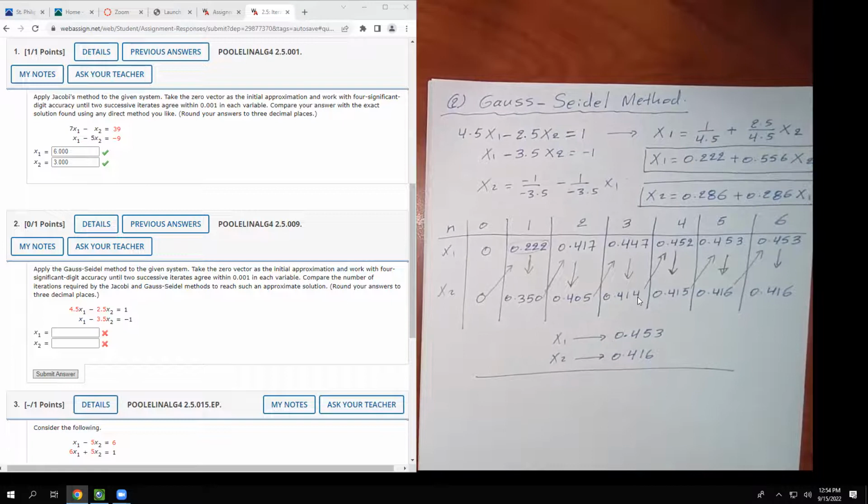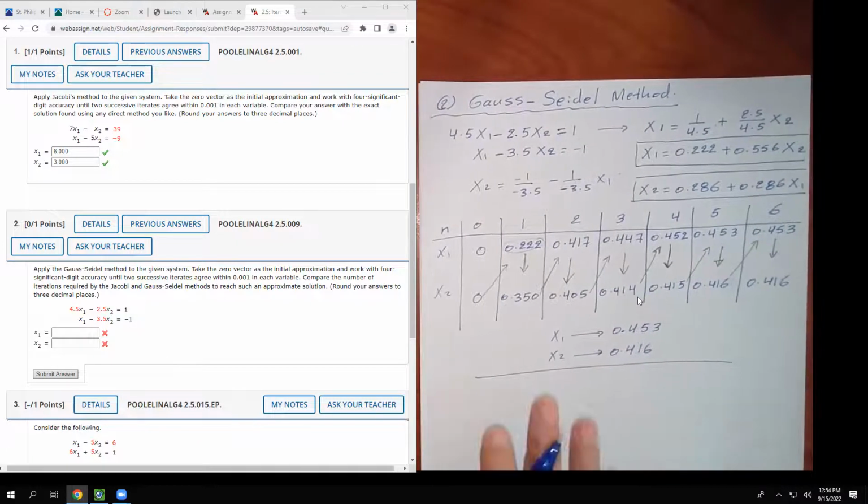So that's the difference between the Gauss-Seidel and Jacobi methods.